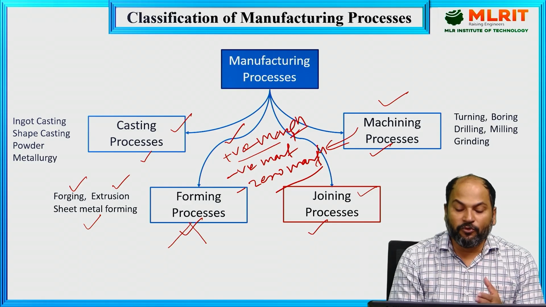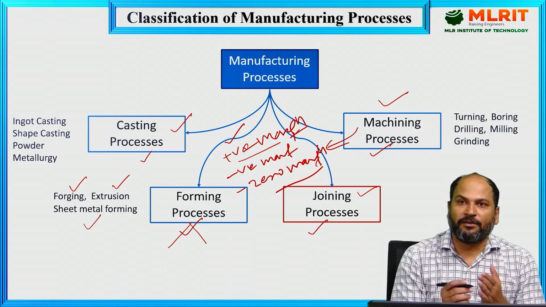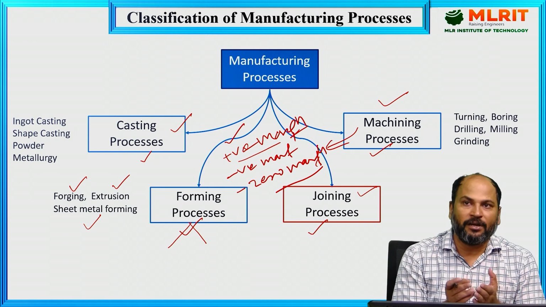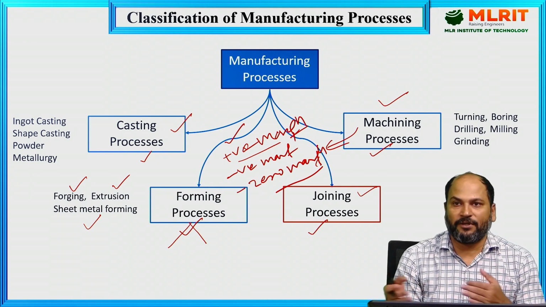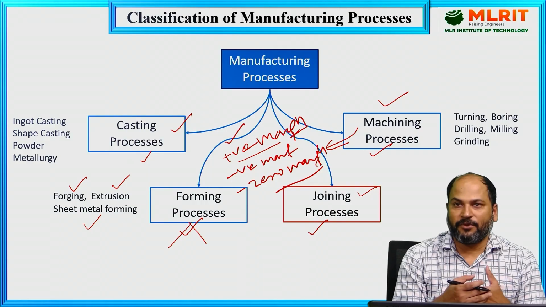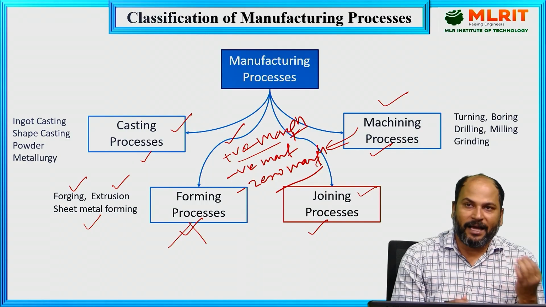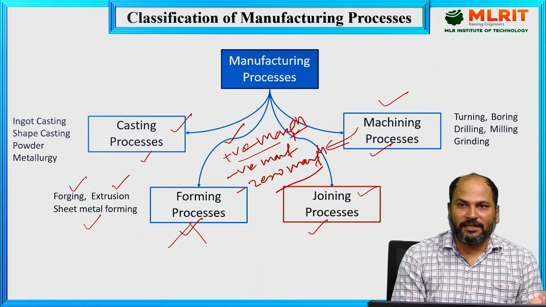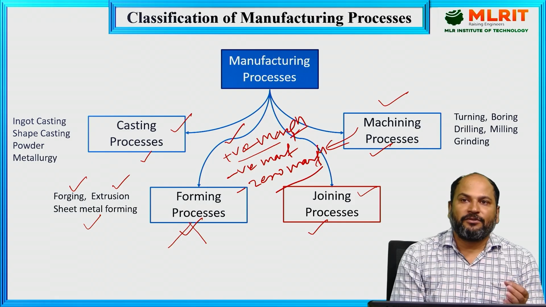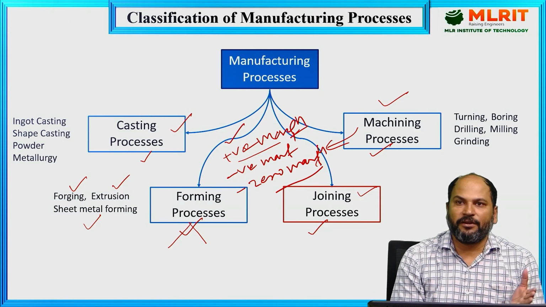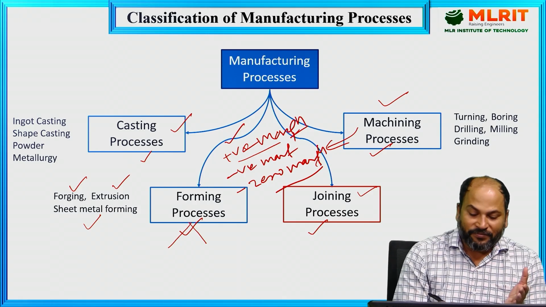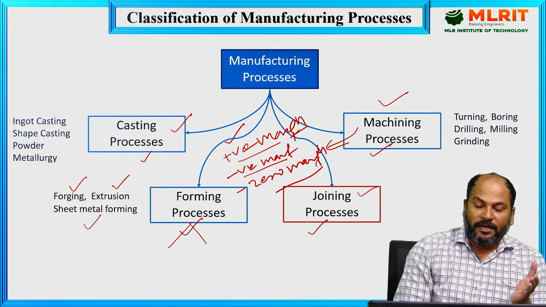So if you are removing material, of course, whatever the weight of the material was initially, it is not going to be the same after the completion of the manufacturing process. Definitely it will be less than what it was at the start of the process. That is why it is known as negative manufacturing, which means during the process we are going to lose material.